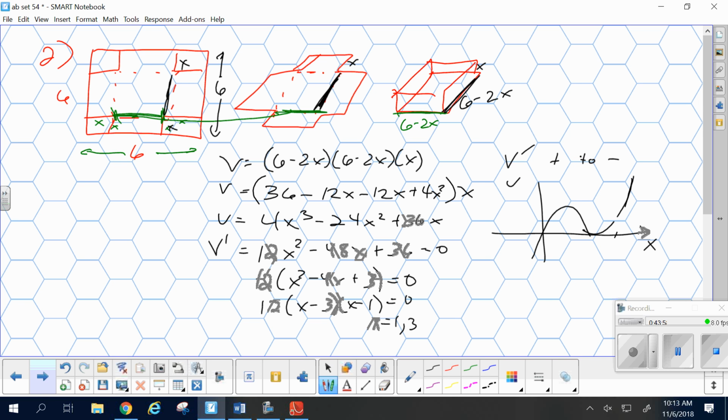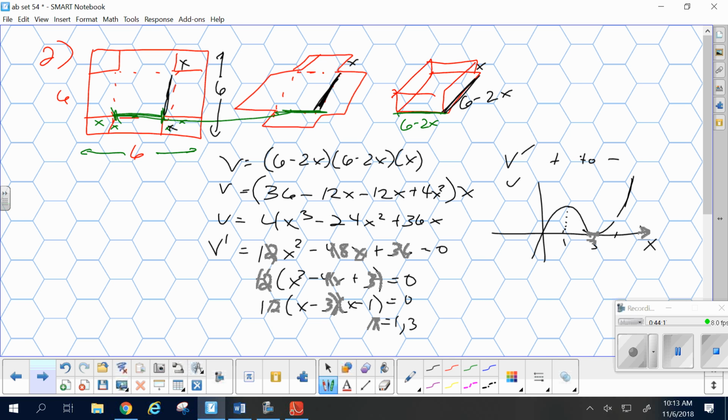You could not cut out more than 3. So actually, the only real critical number where the max is, is 1. And so when x equals 1, when you cut little 1 inch by 1 inch squares out of the corners, that's when the volume would be its greatest.